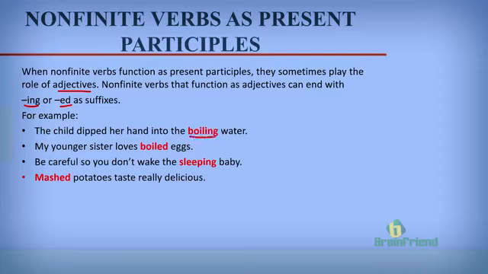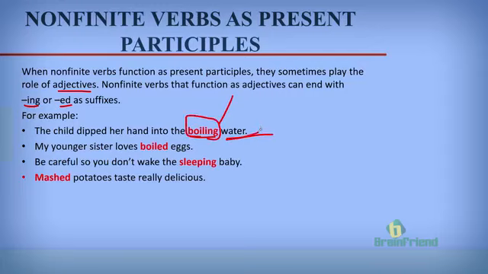Now, if you remember, adjectives are words that describe or modify or tell you more about a noun. If you look at this sentence here, the child dipped her hand into the boiling water. The word boiling describes the water.